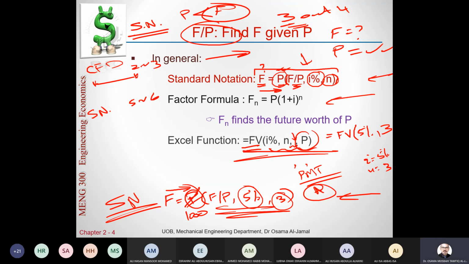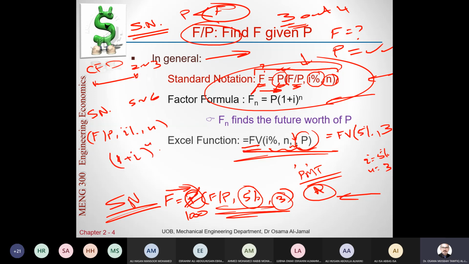Notice one thing also here. From those two, what do we have? F, and that's F in there. P, and we have that P in there. So the factor F given P, i%, n does the same thing as (1 plus i) to the power n.